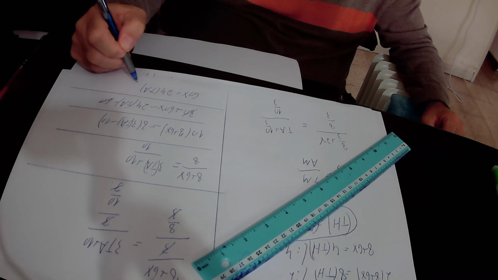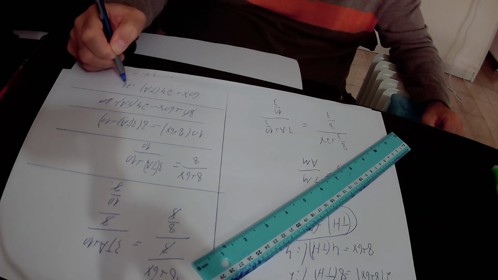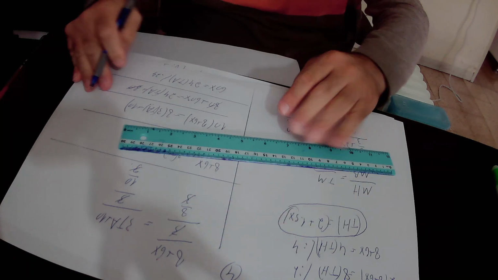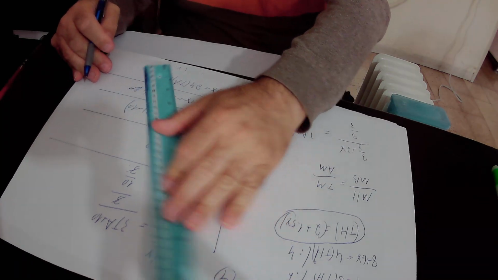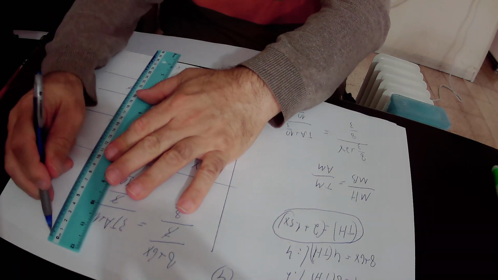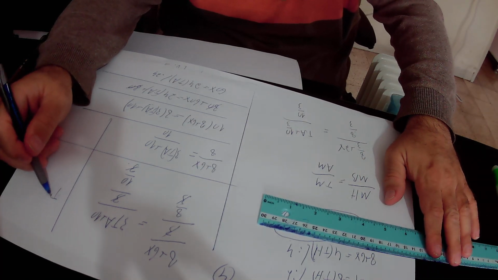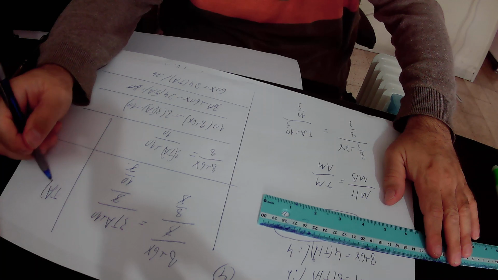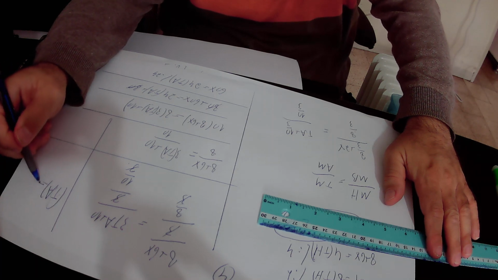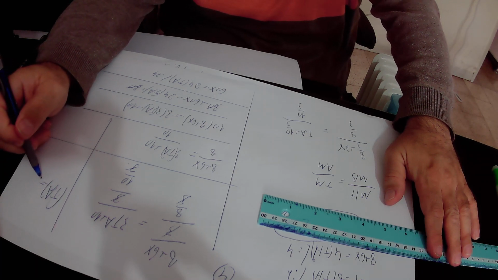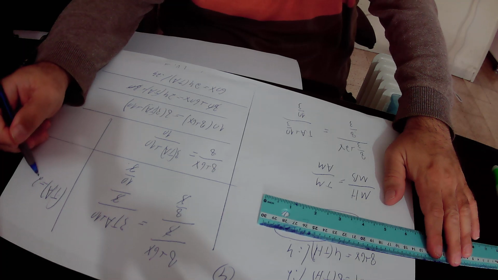Here we will divide this equation by 24, and finally we get that TA, the length of line segment TA, is equal to 60x over 24, which is equal to 2.5x.